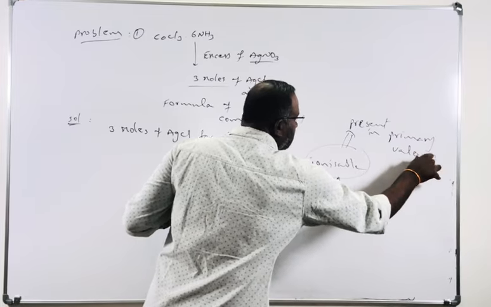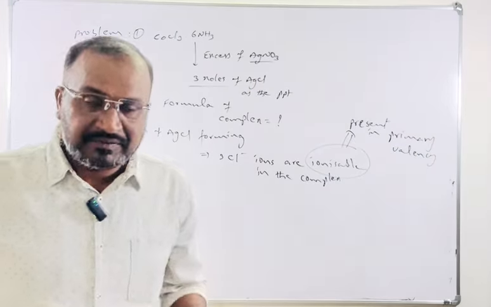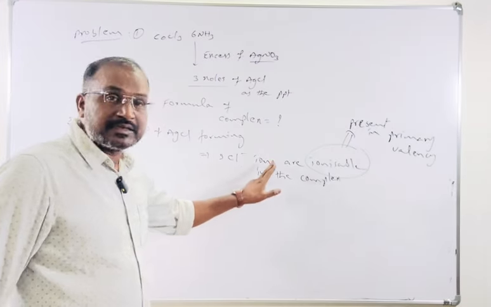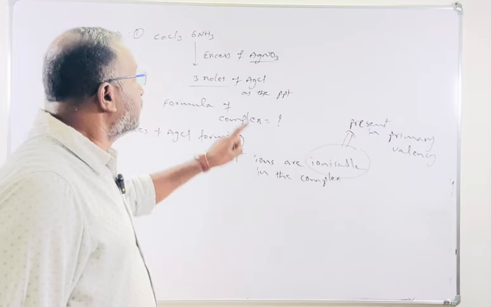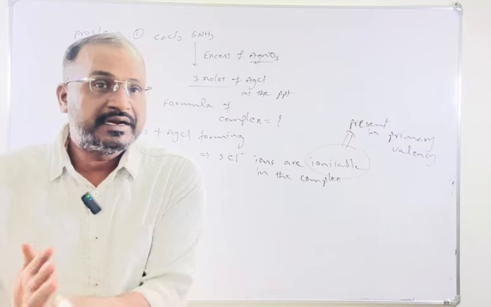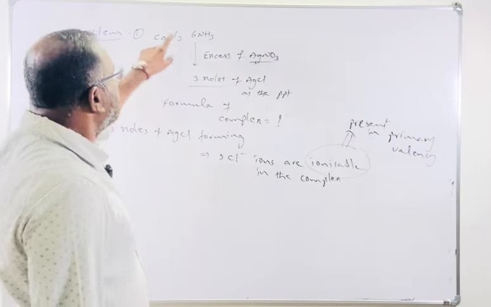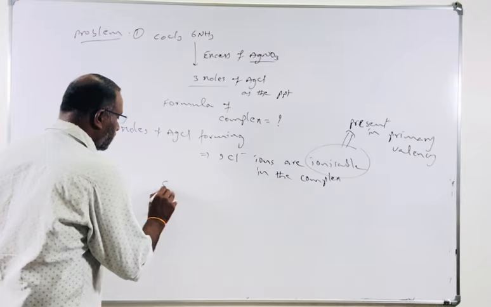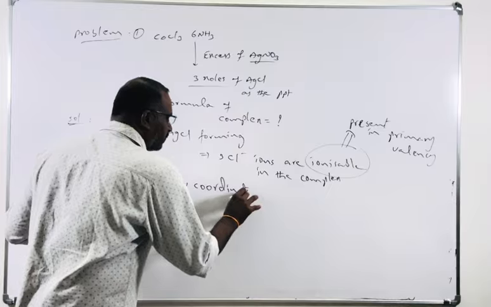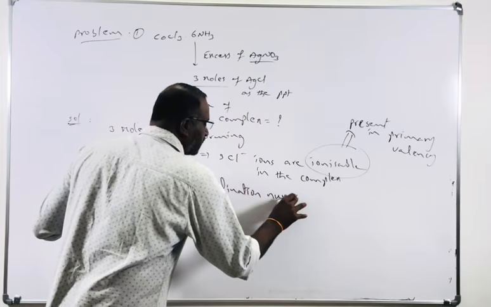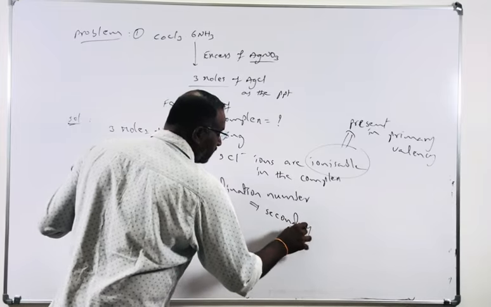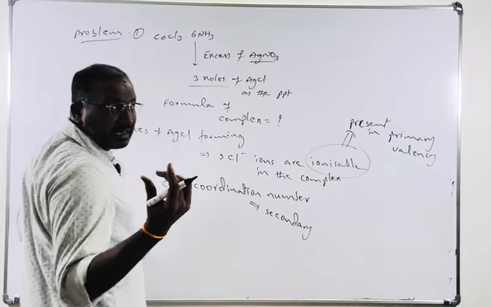Already I told in the theory, those ions which are present in the primary valency are the ones that are ionizable. So 3 chloride ions are ionizable from this complex, meaning the 3 chlorides are present outside the coordination sphere. The coordination number of cobalt, that is the secondary valency, is constant for every central metal atom in the complex.